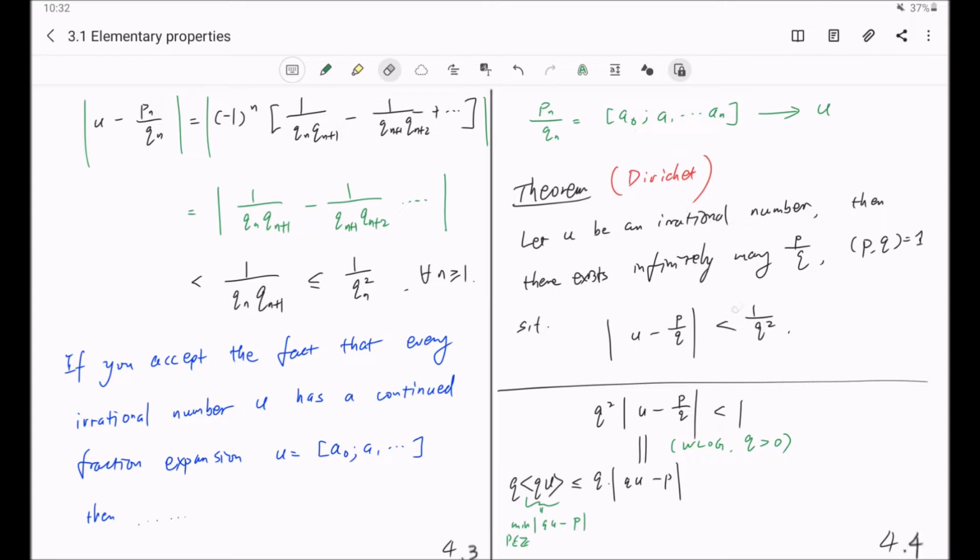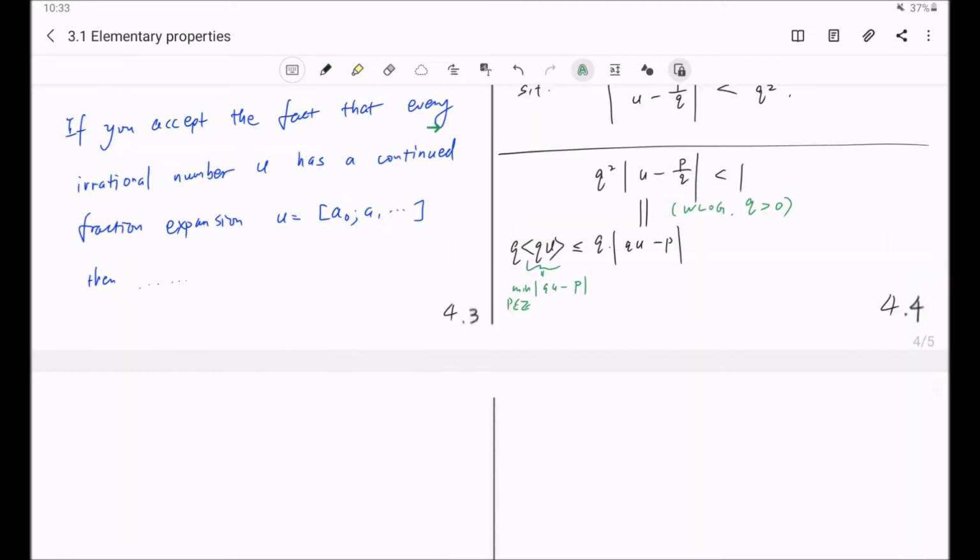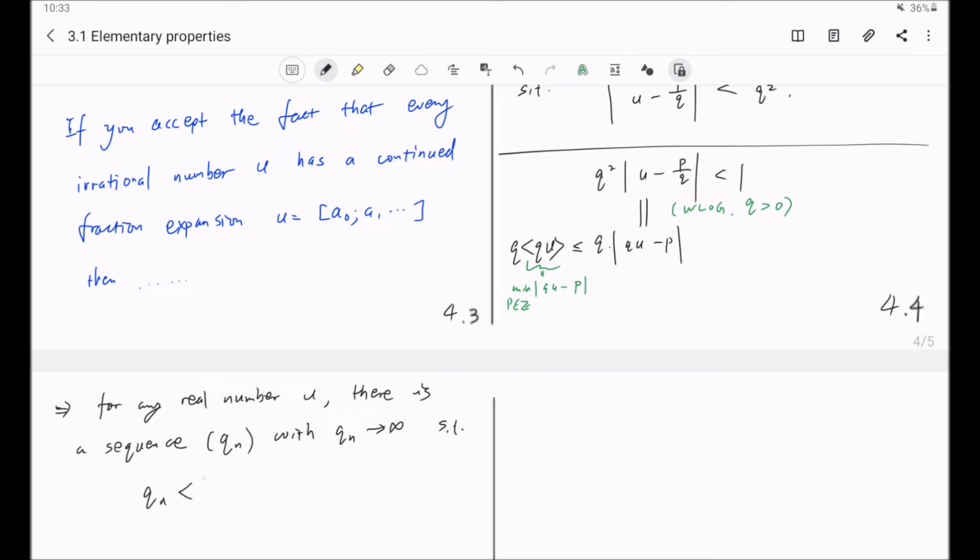And what the Dirichlet theorem or this result tells you is that if you accept the fact that every irrational number u has a continued fraction expansion, then for any real number u, there is a sequence q sub n, with q sub n goes to infinity as n goes to infinity, such that q sub n times the distance from q sub n times u to its nearest integer is bounded by 1.